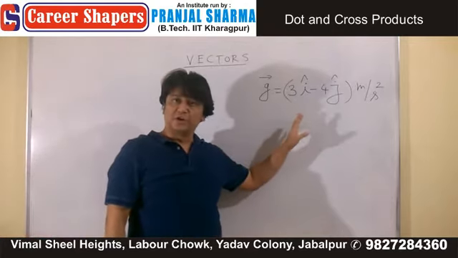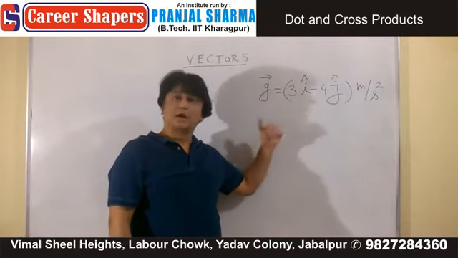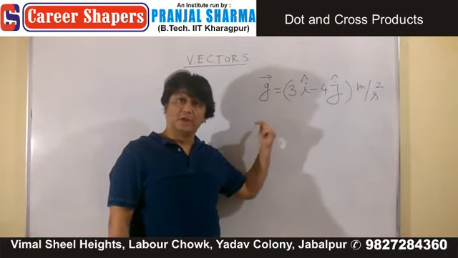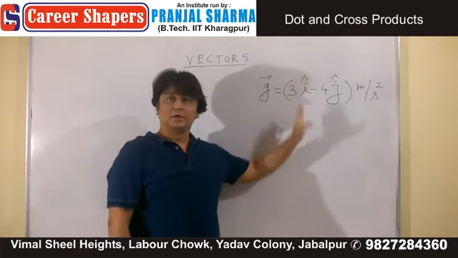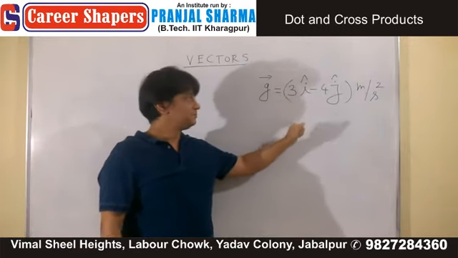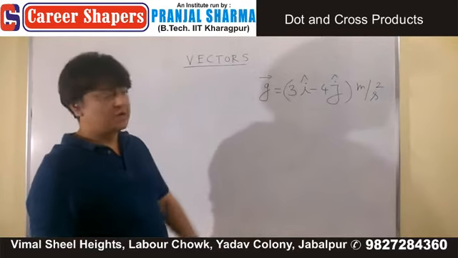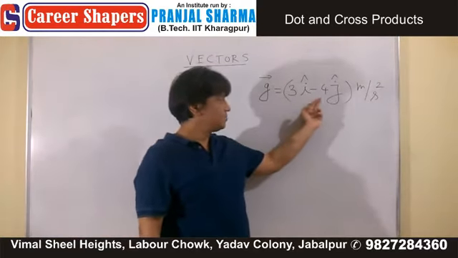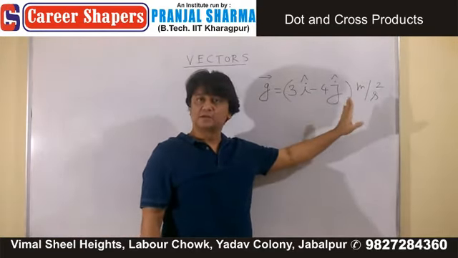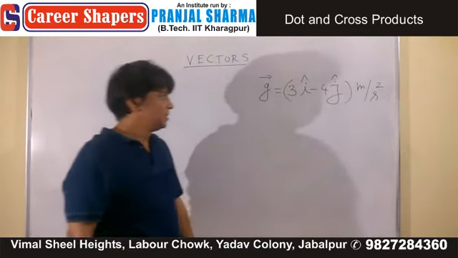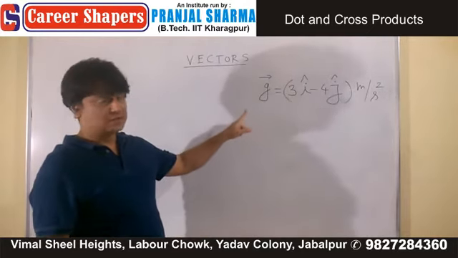This is the gravitational field. In 12th, we'll deal with electric field. This is something which you did in 11th. So we have been given gravitational field of 3 I cap minus 4 j cap meters per second square. This was a homework question for the last class.